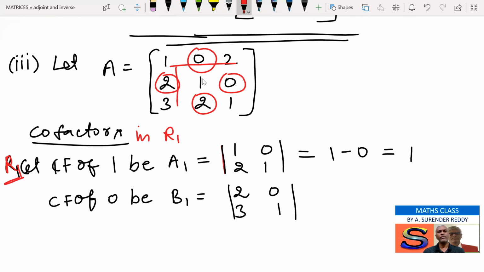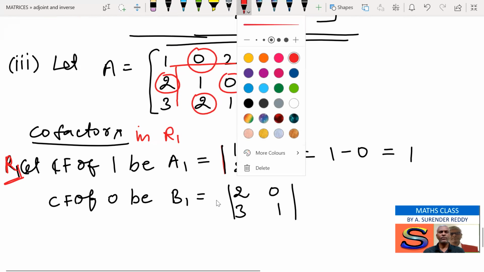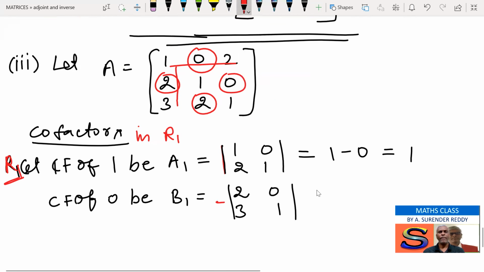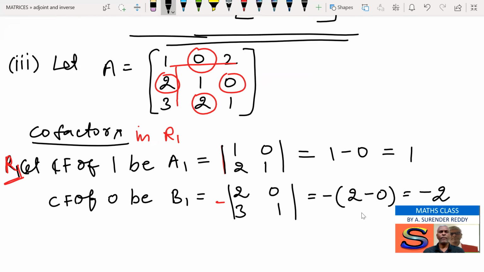So it is minus of 2 into 1 minus 3 into 0, that is minus 2. The cofactor of 0 is minus 2.